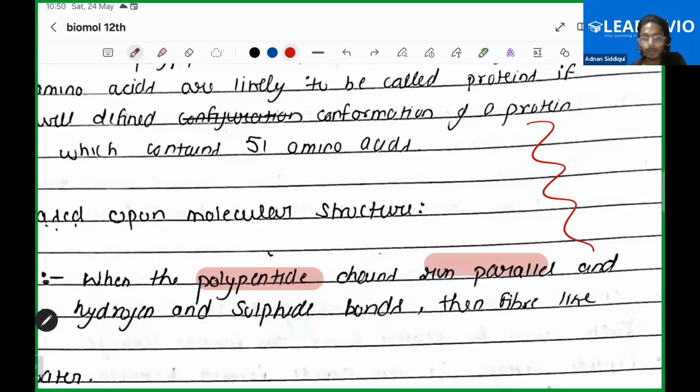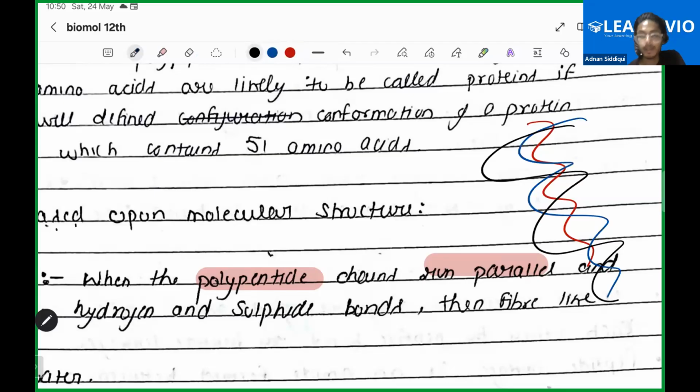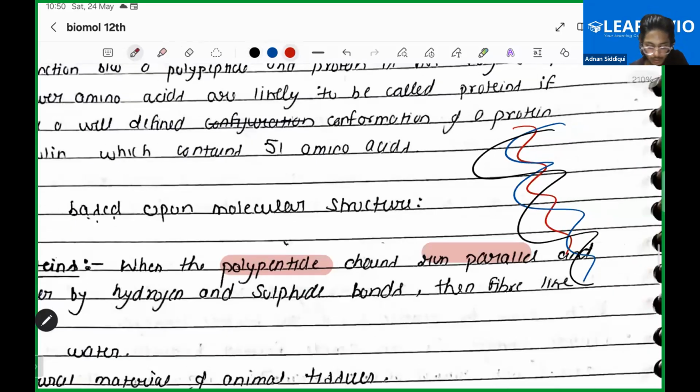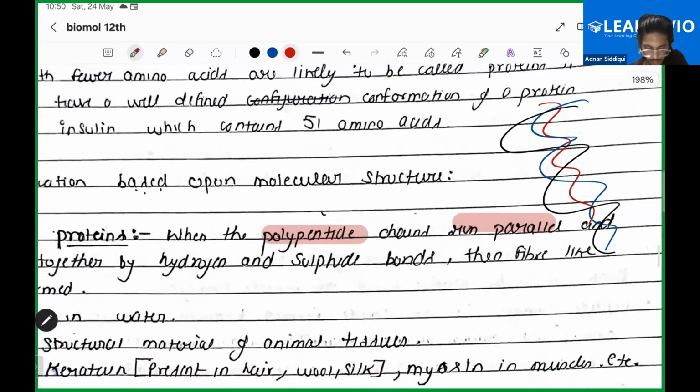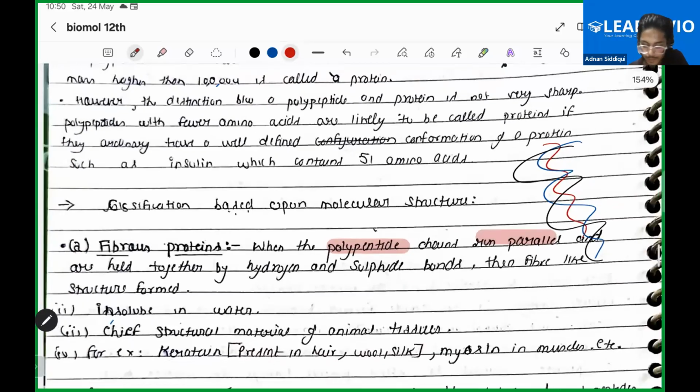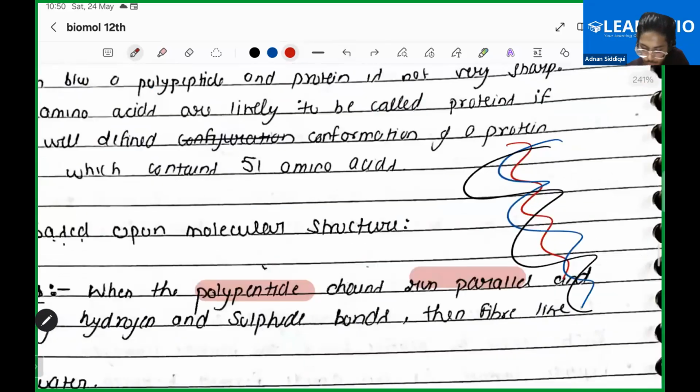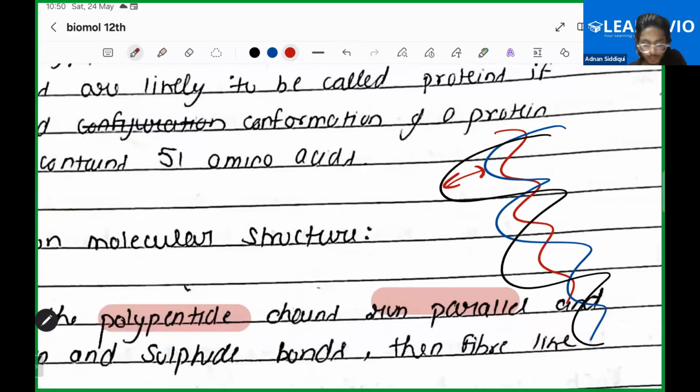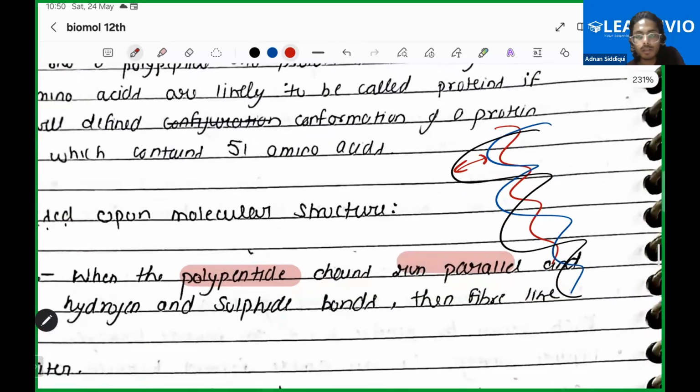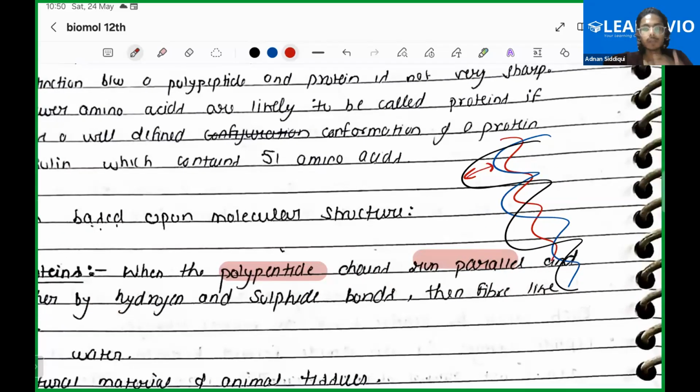I have this polypeptide chain, this polypeptide chain, and this polypeptide chain. If they are running parallel and have hydrogen and sulfide bonding, suppose these two are attracted towards each other with hydrogen and sulfide bonds, then this will be called fibrous protein.